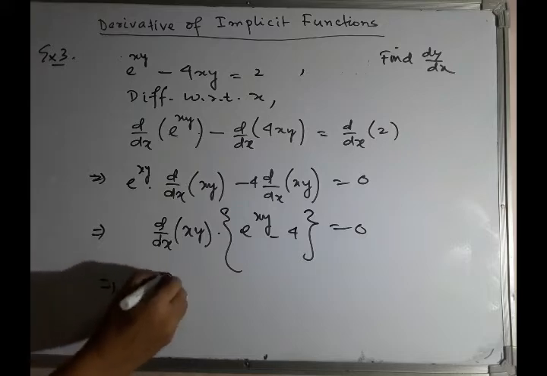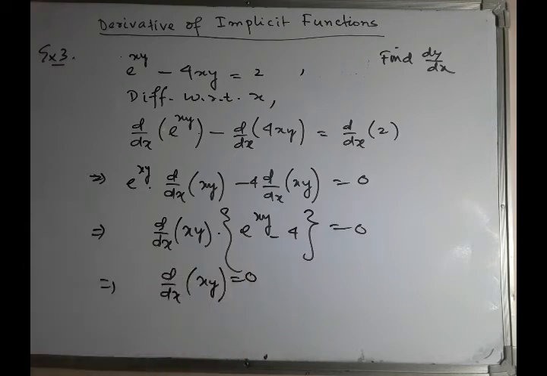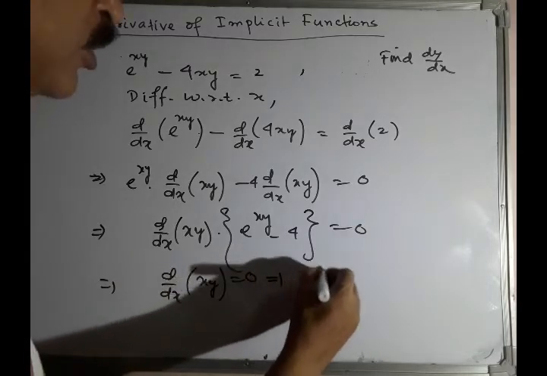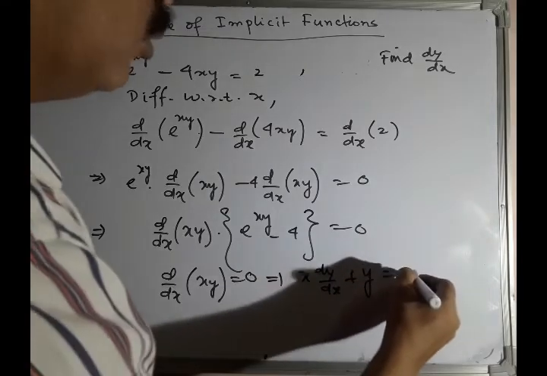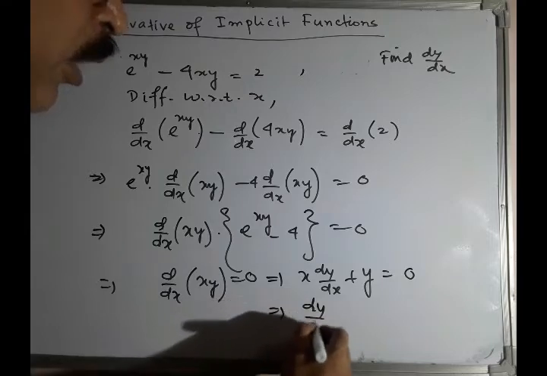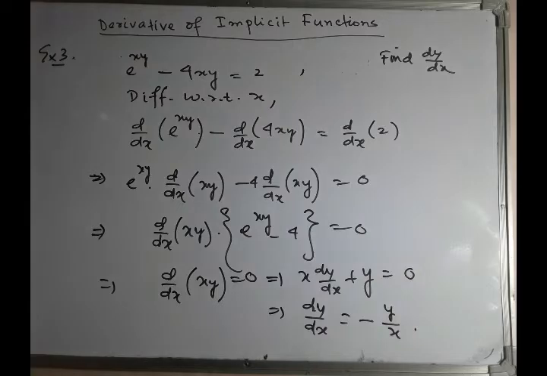From there we are getting d dx of xy equal to 0, as e to the power xy minus 4 cannot be equal to 0. So from here x dy by dx plus y equal to 0 and dy by dx equal to minus y by x. So this is the answer.